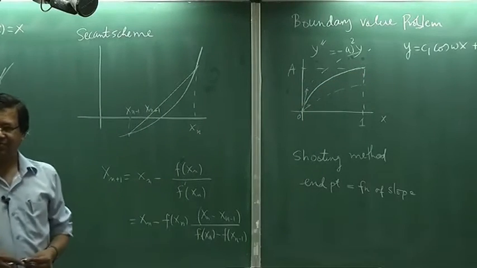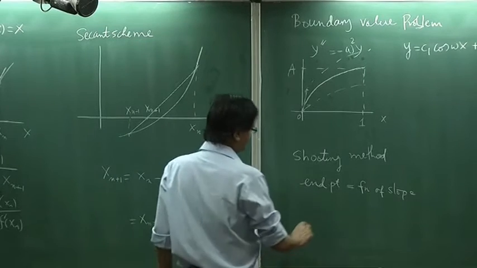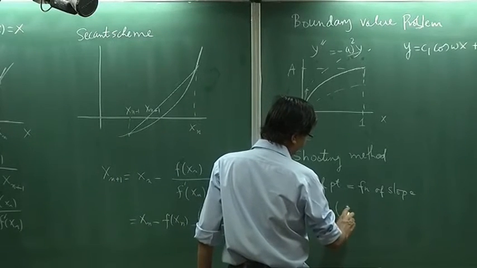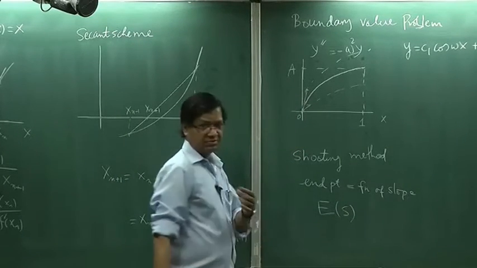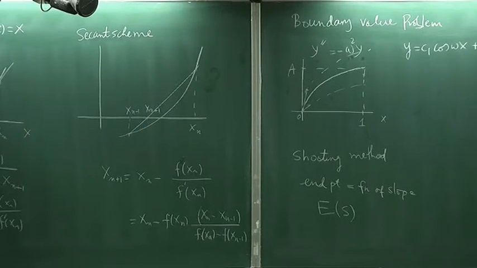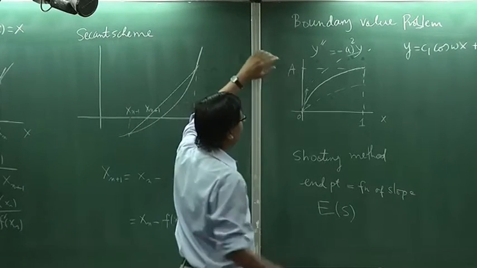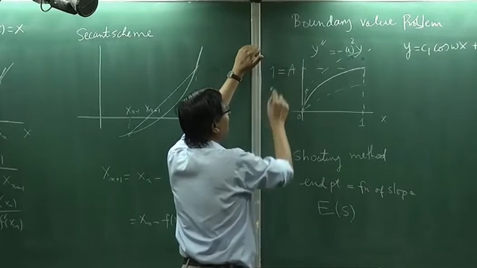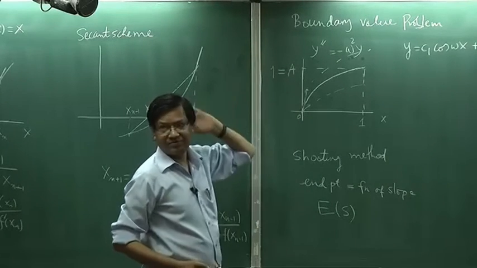So the end point E is a function of slope. I just iterate my slope so that I get the desired end point, and the desired end point is A. For simplicity, for an illustration I use A equal to 1.